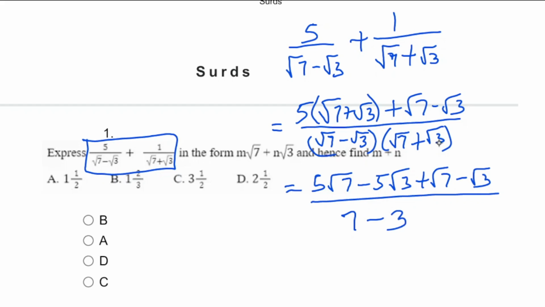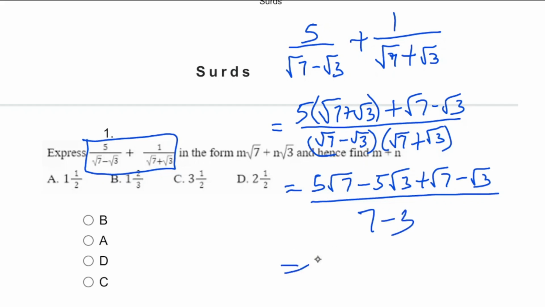When you multiply this by this, that will give you the square of root 7 minus the square of root 3, which is 7 minus 3. But rather than wasting your time, you just write 7 minus 3.